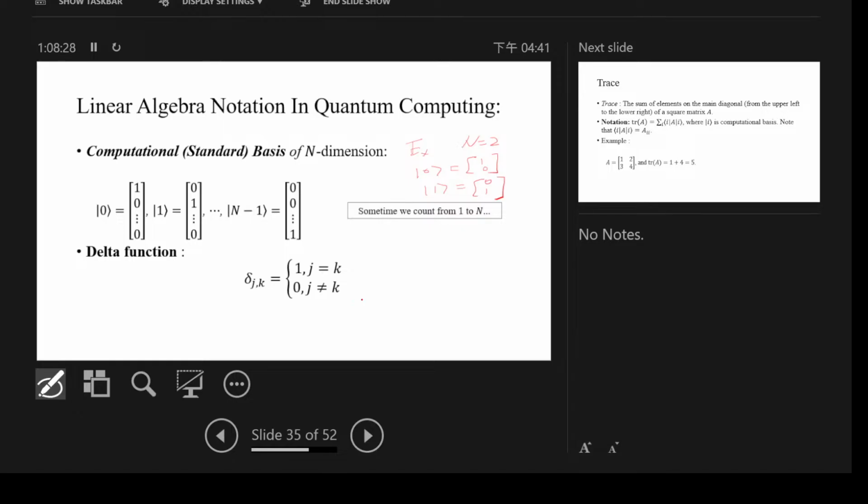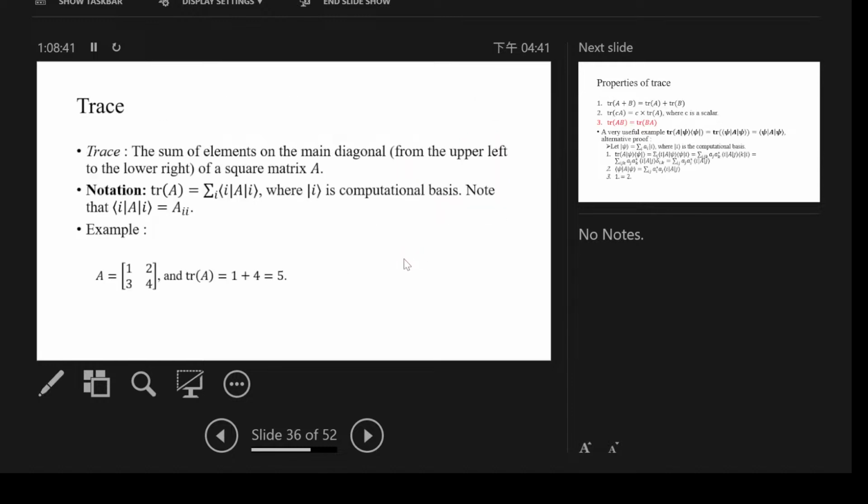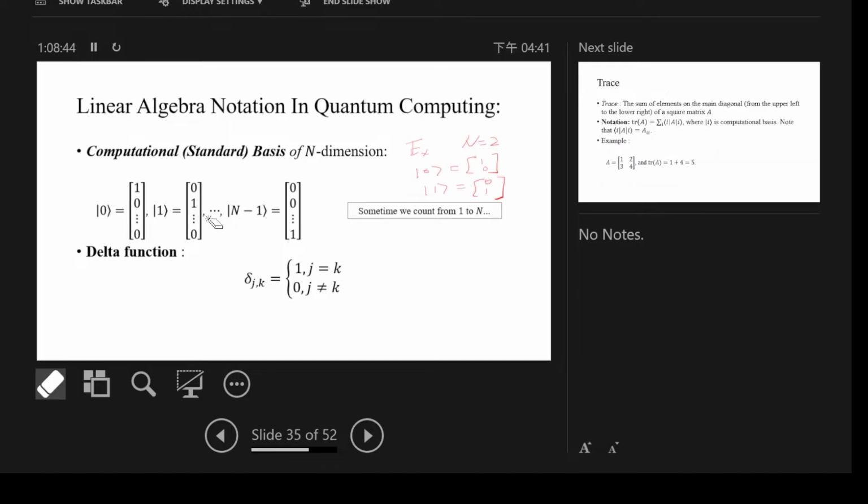And why do we see this a lot? You can use this notation to express the inner product between orthonormal basis elements. For example, if j and k are from the computational basis, then the inner product of j with k equals delta jk.